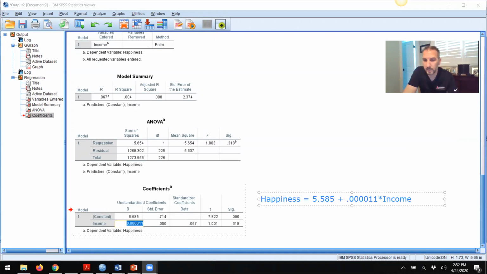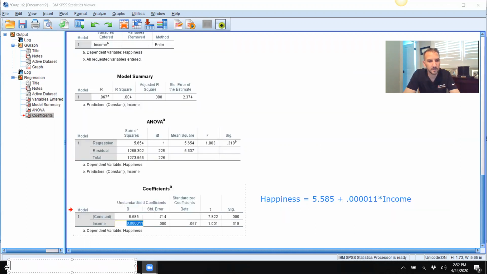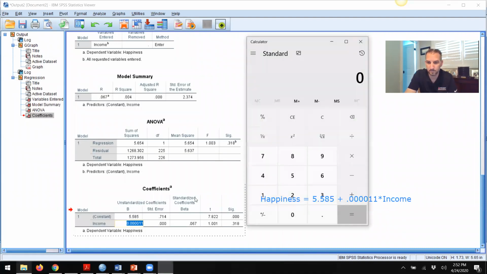So if my income is, let's say, 100,000, just because that'll make it easy. My math isn't that great, so I'm going to do it with my calculator. 100,000 times 0.000011 would be 1.1.